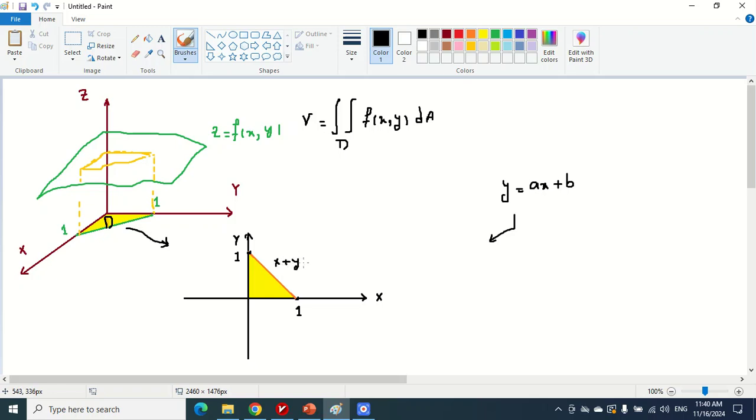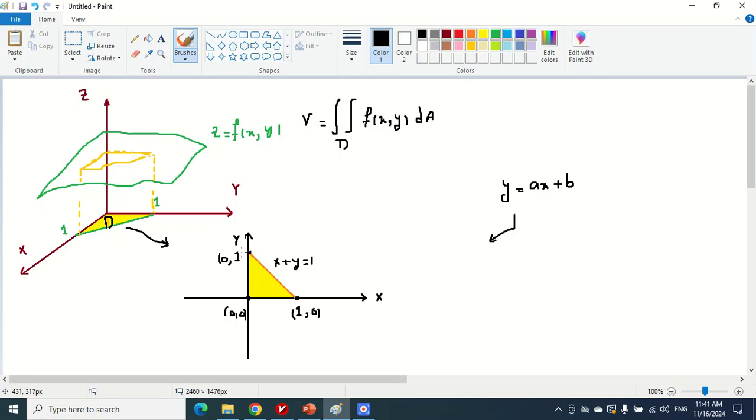So it's very important to determine the location of all borders and all points clearly. For instance, over here this vertex is 0 and 0, so this is the origin. Another vertex is 1 and 0, located at the other side of the triangle, and the third vertex is 0 and 1.